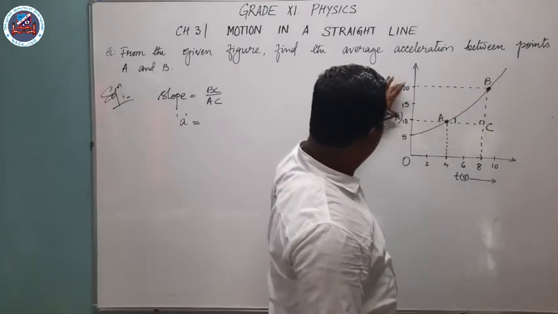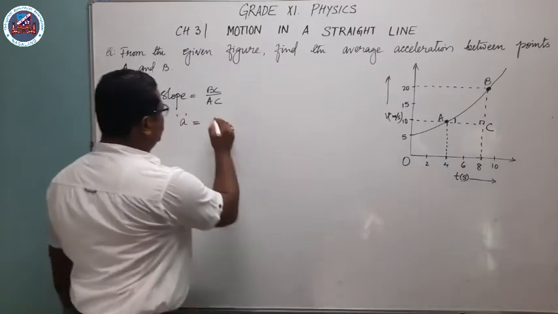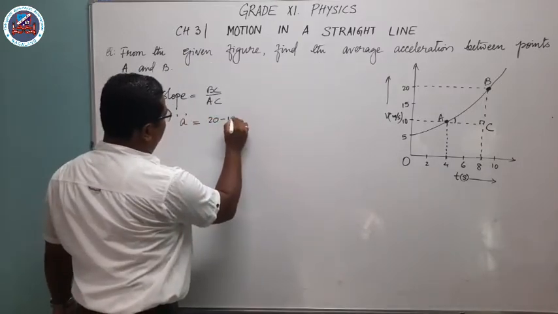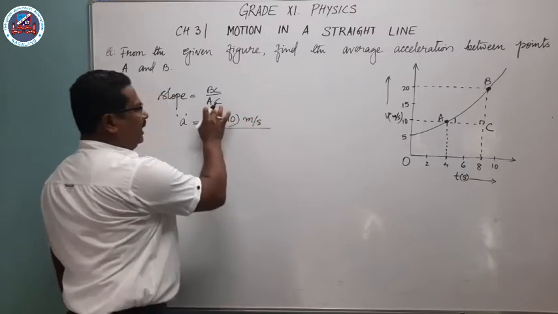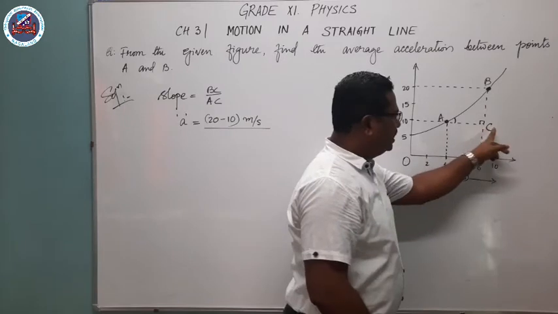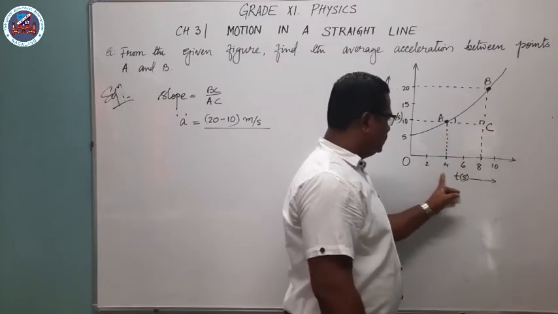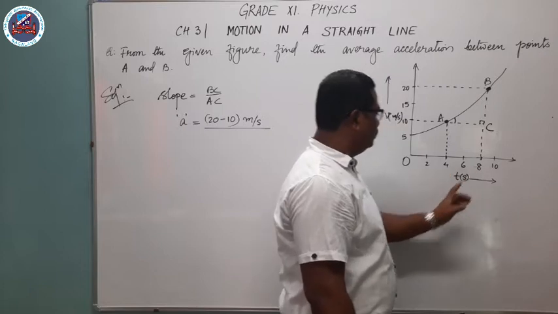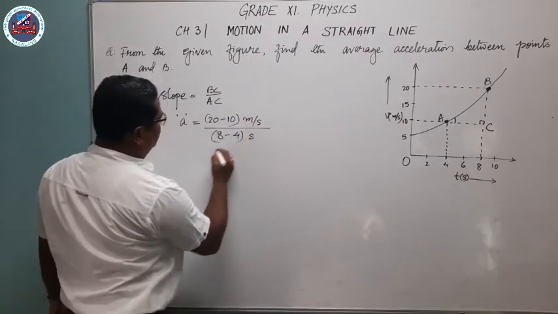This value is 20 minus 10, in meter per second, because this is for velocity. AC, the horizontal line, will give you the time: 8 minus 4, which gives you 4, in seconds.